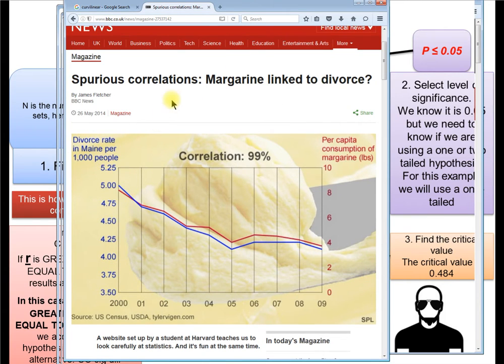And that's why you can produce garbage like this. Spurious correlation, margarine linked to divorce. Look, a 99% correlation between margarine and divorce. So watch out.